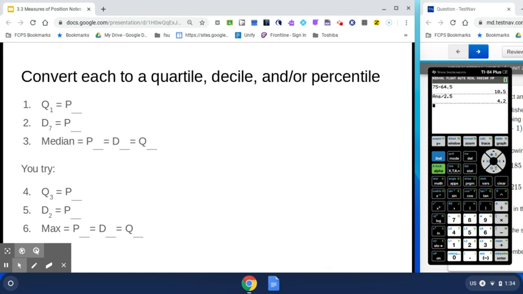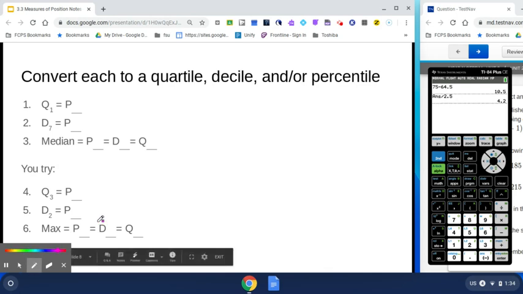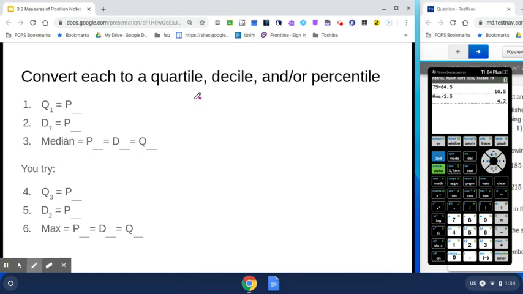So what we're going to do is think proportions. If I think about the definition of quartile, that's 1 out of 4 groups. And I'm just going to make a proportion with X over percentile is 100 groups.